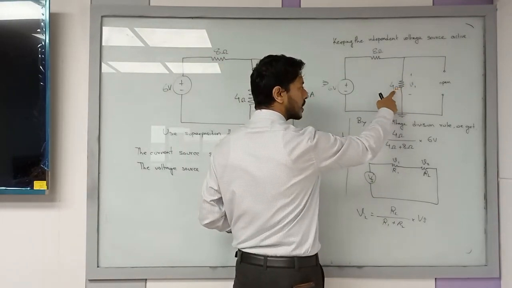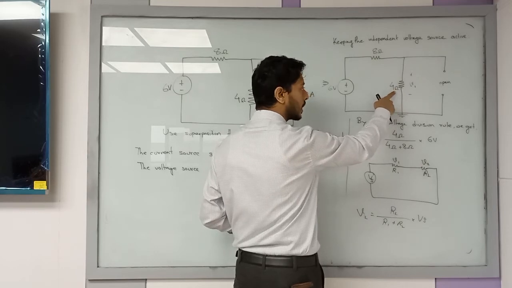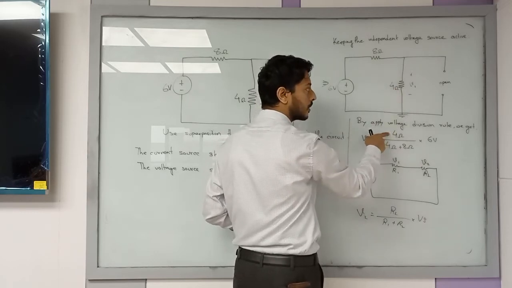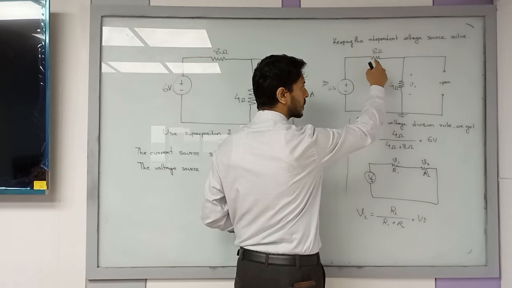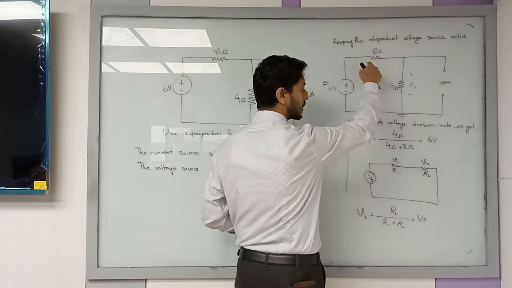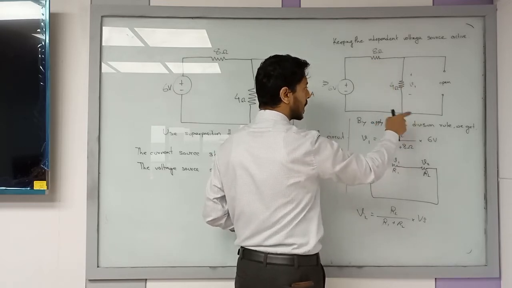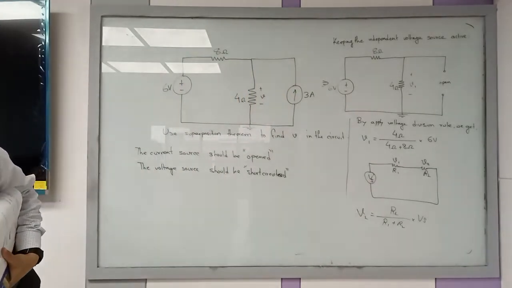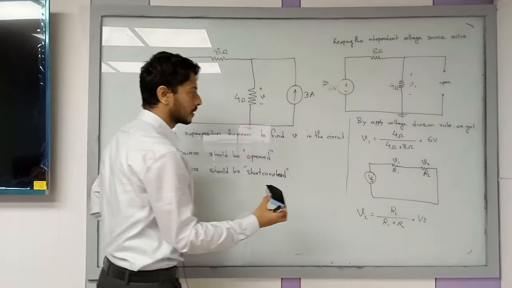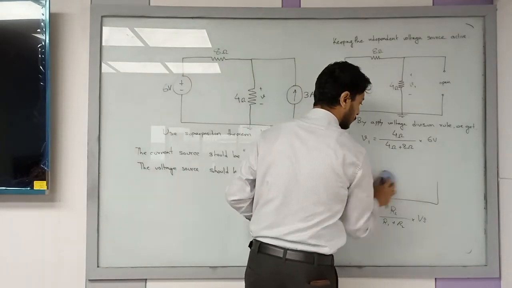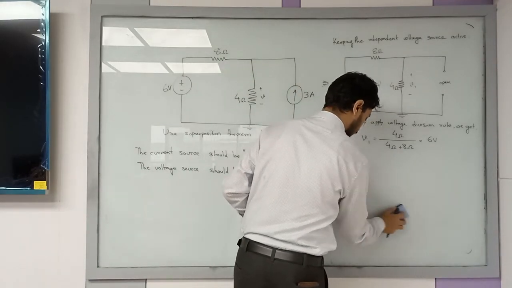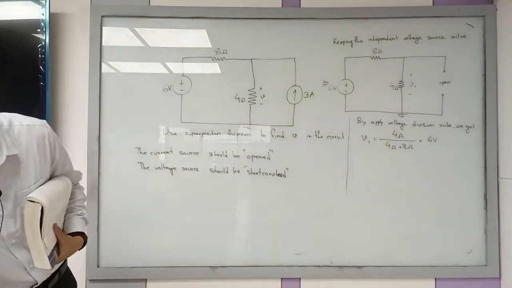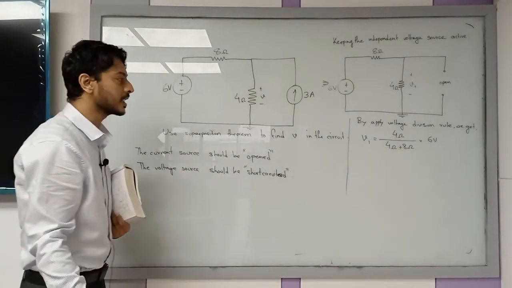So the resistance of V1 is 4 ohm and the total resistance is 4 ohm plus 8 ohm, times the supply voltage. Okay? So we get V1 from there. ঠিক আছে?